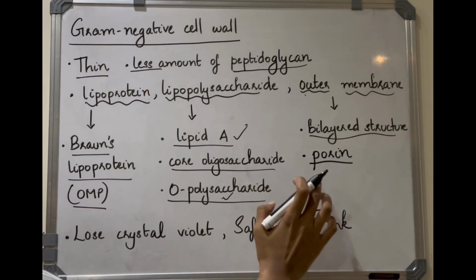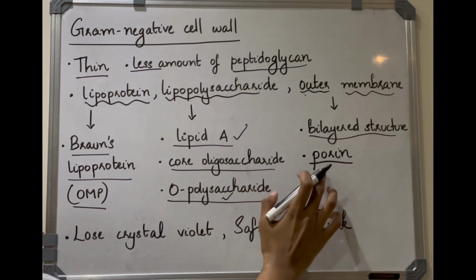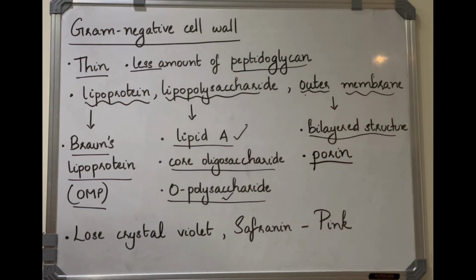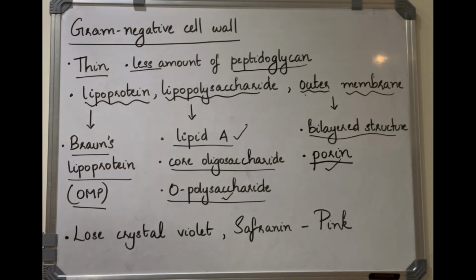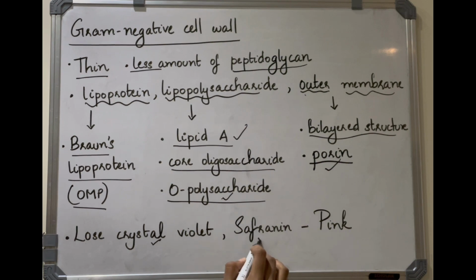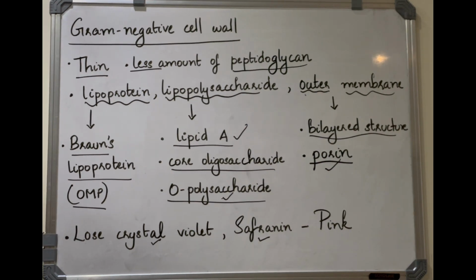The porin proteins are involved in the exchange of nutrients over the outer membrane, and they are also involved in pathogenesis. During the Gram staining procedure, these gram-negative cell walls lose the crystal violet dye and take up safranin during counter staining, and hence the gram-negative bacteria appear pink in color.